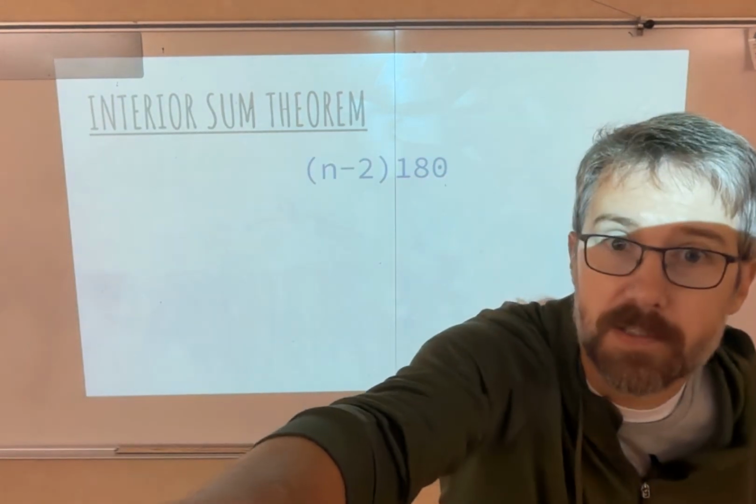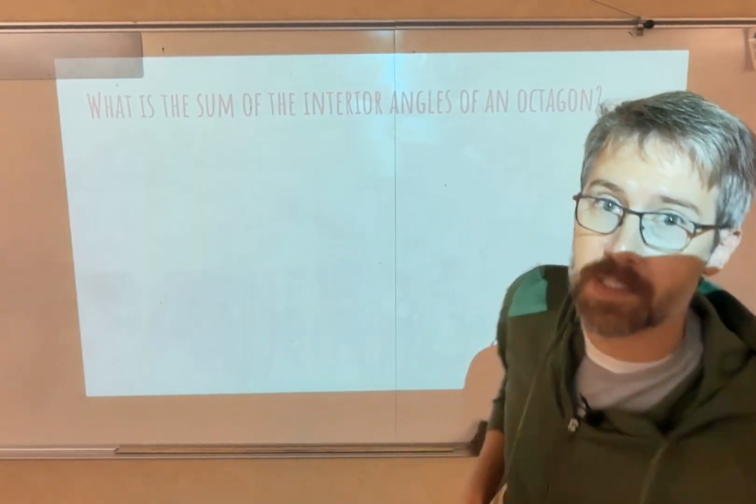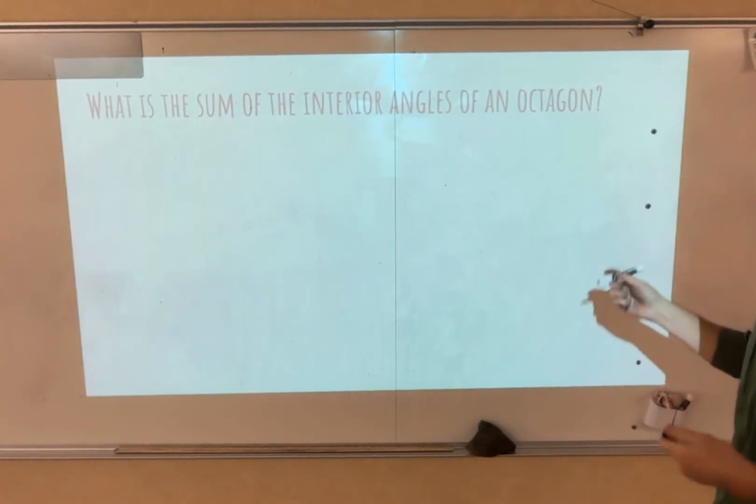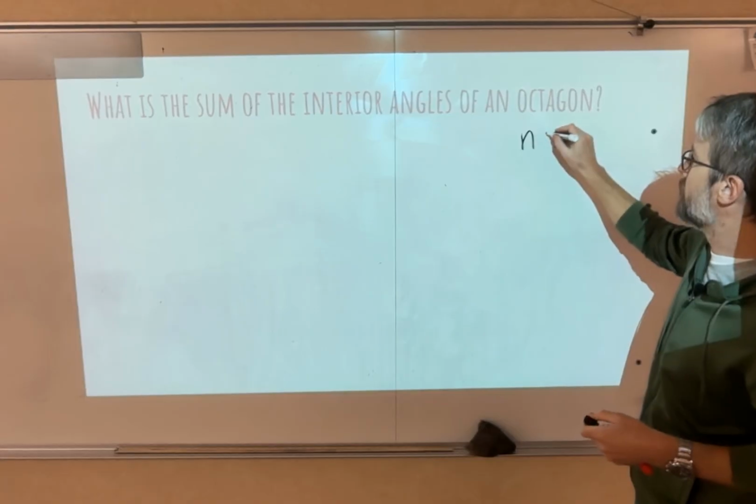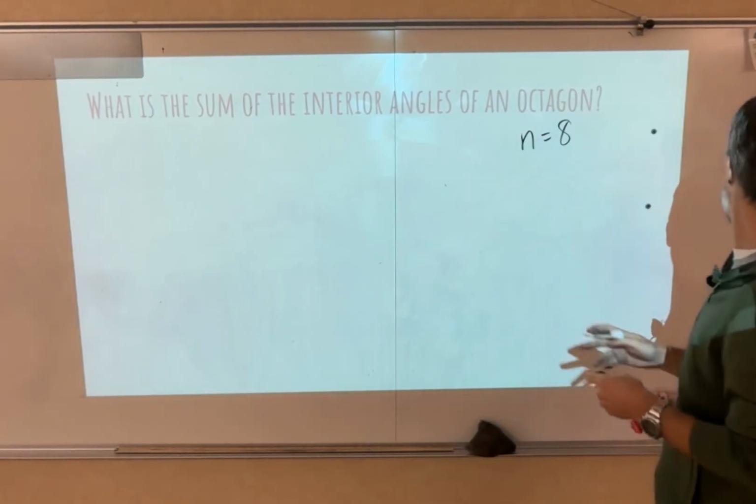Okay, so we want to know the sum of the interior angles of an octagon. All we really need to do is know that for an octagon, the number of sides is 8.